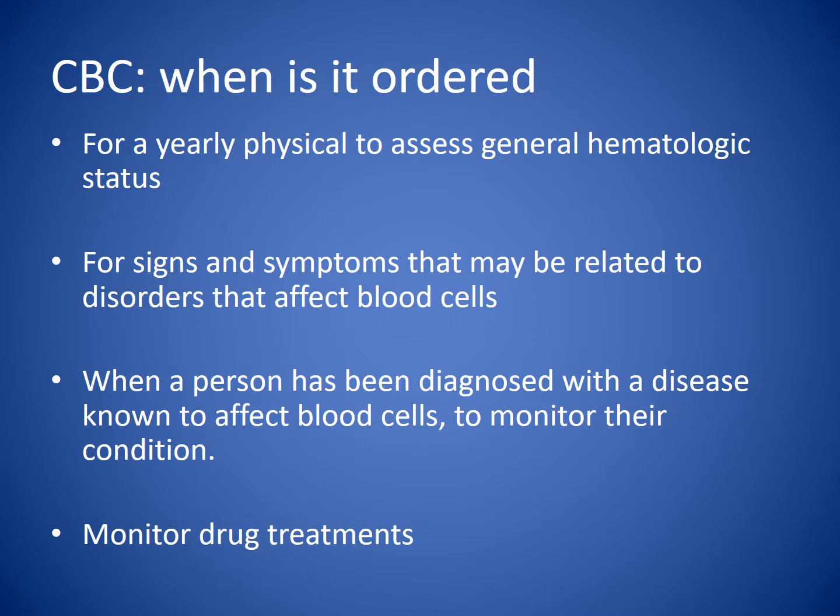I could order a CBC if a person has signs and symptoms of something that I think I'll be able to detect and to determine that differential diagnosis and nail it down to a lead diagnosis. I can order that CBC if I need to monitor somebody who is on a medication of some sort, or if they've been diagnosed with a disease process and I need to monitor that disease process. So there's a lot of different reasons why I could order one.